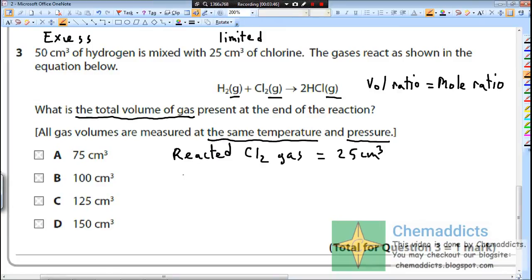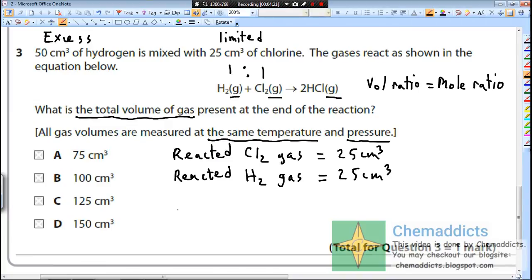Okay. So if we use the mole ratio, we will also find how much hydrogen gas gets reacted. So the reacted hydrogen gas: since the mole ratio of hydrogen gas to chlorine gas is 1 to 1, the volume of hydrogen gas reacted would also be 25 cm cube. Okay.